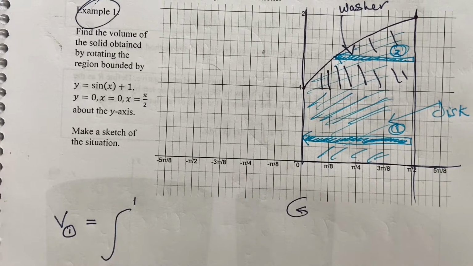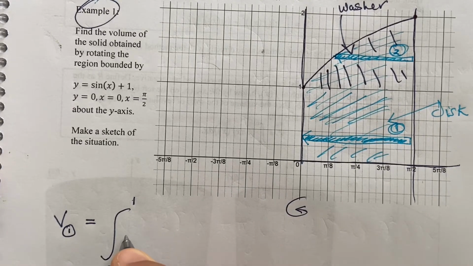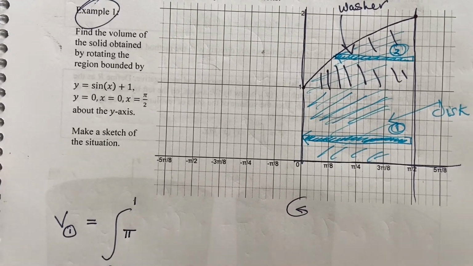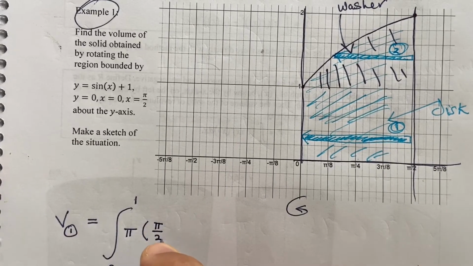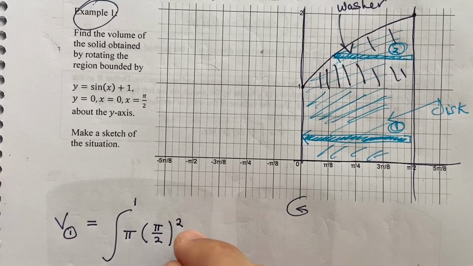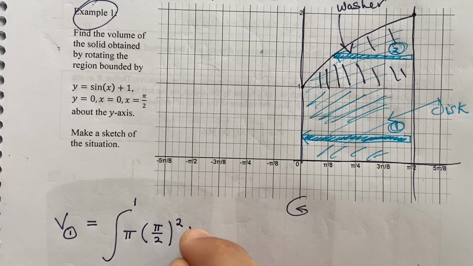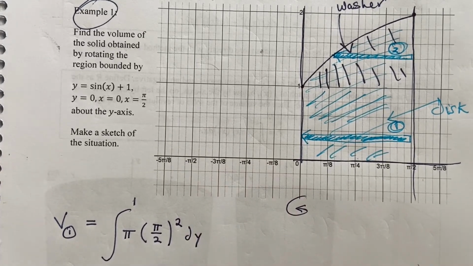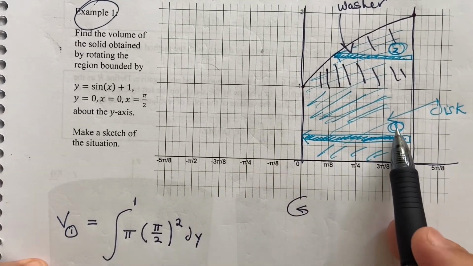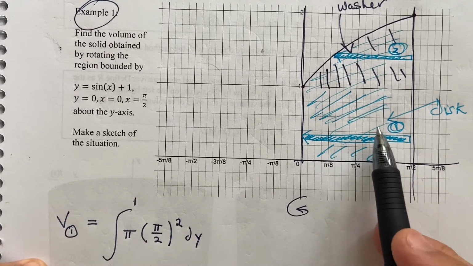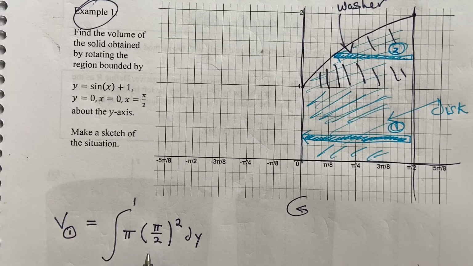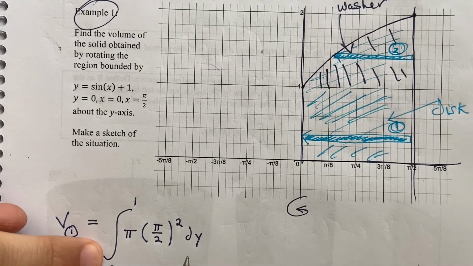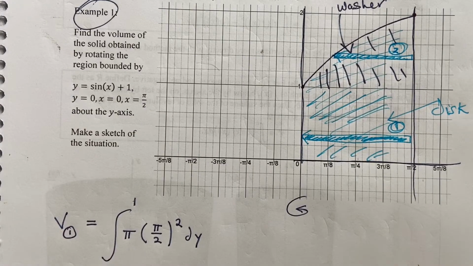So that'll just be the function. So I'll have pi times pi over 2 squared, and then dy for this piece. That's the volume of this first chunk. Here's the pi times the radius squared, and then we're integrating just literally from 0 to 1.